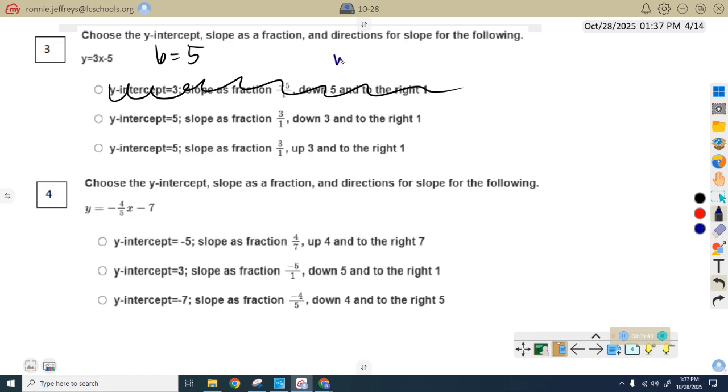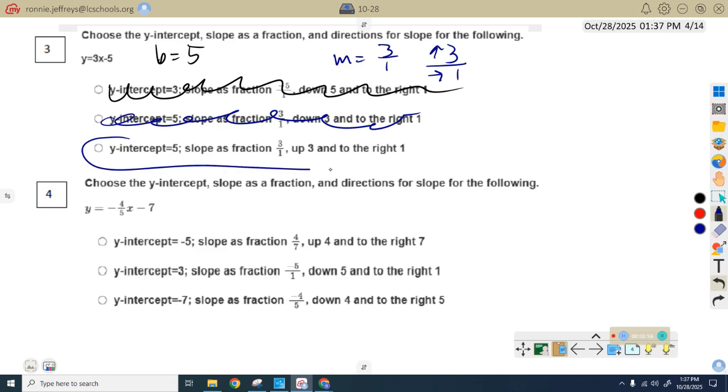Our m is 3/1. That's up 3 to the right 1. This says down 3 to the right 1. This one's not the answer. This is. Okay? That happens on these standardized tests, these ACT, all this other kind of stuff.